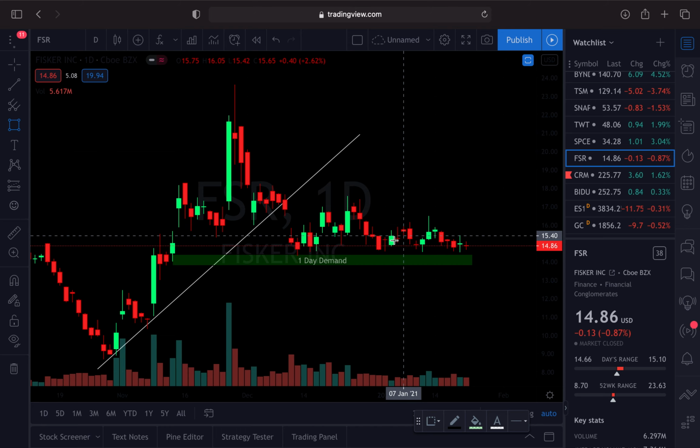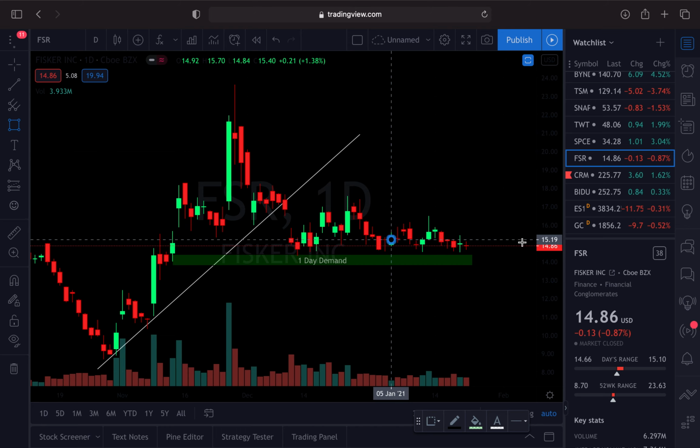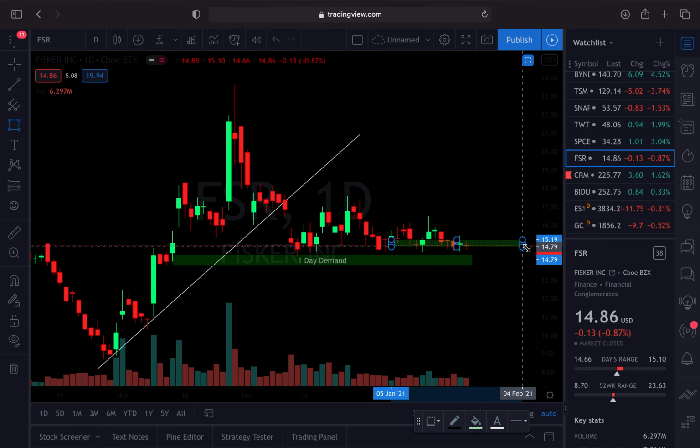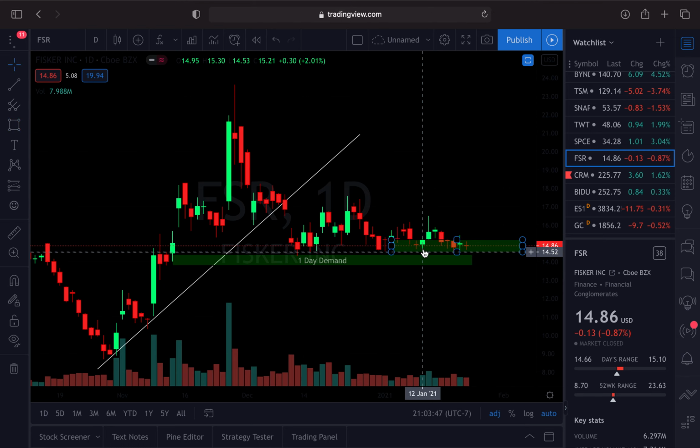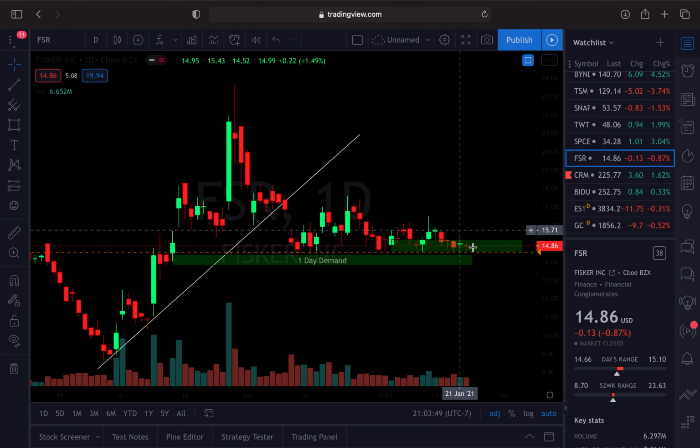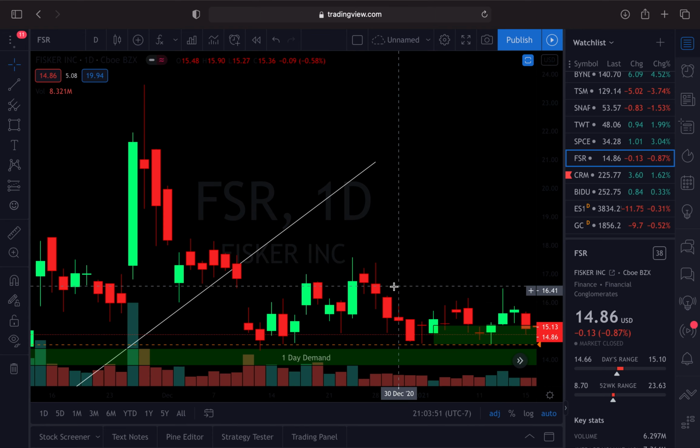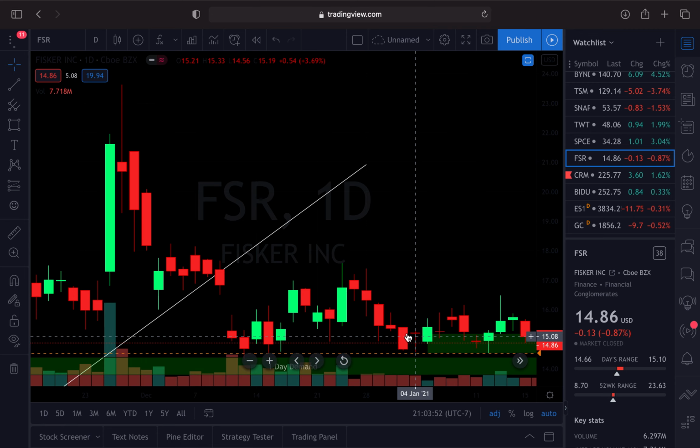But just looking at the daily, another demand zone here, and it bounced on the bottom of this demand zone twice, no, 3 times so far. For 3 days, it bounced on this daily demand. And the reason why this was a demand zone here, this body, this candle, is a bullish engulfing.